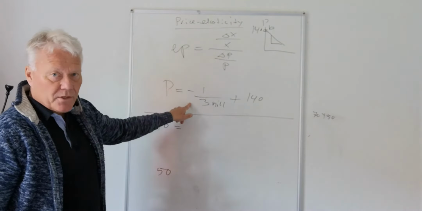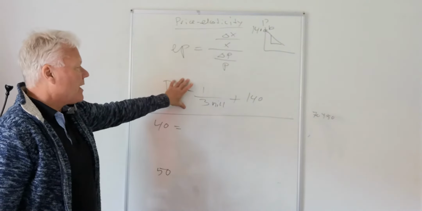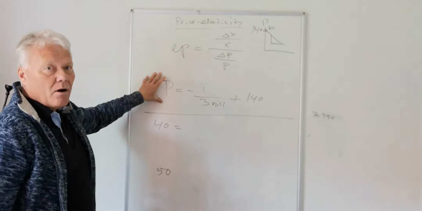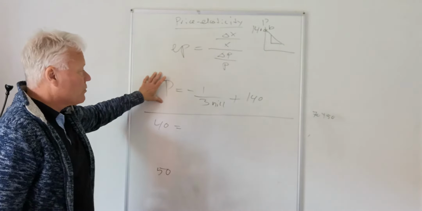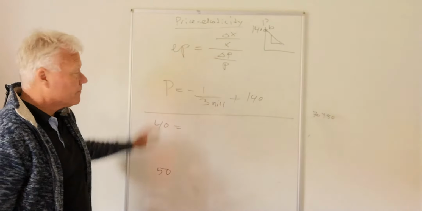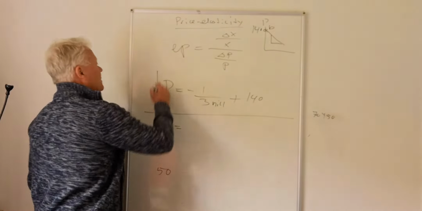Using statistics, we have found out that this is the equation for the number of packages of cigarettes, of 20 cigarettes in a pack, sold per year. So this is the equation.